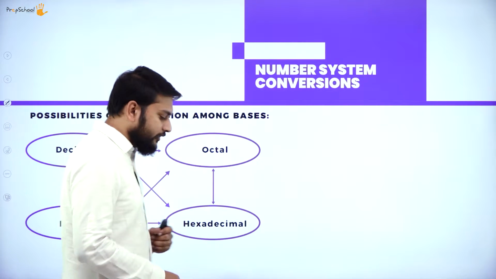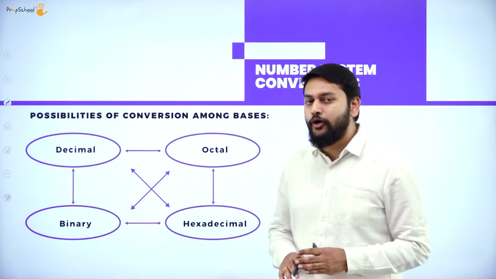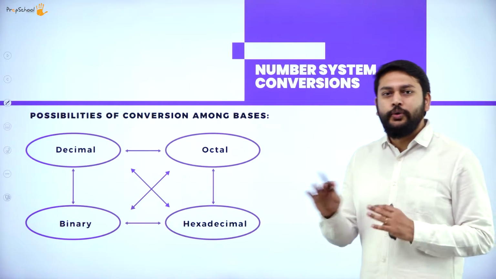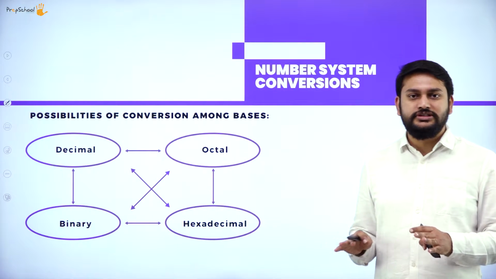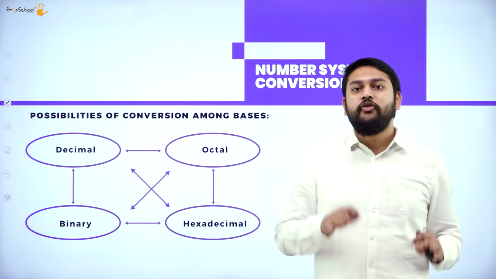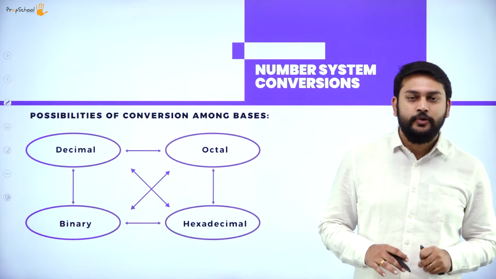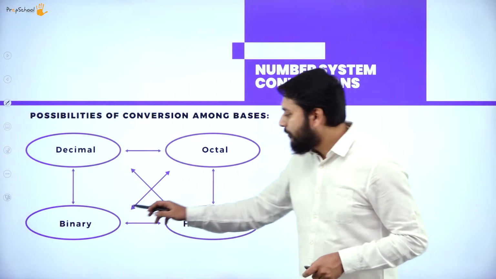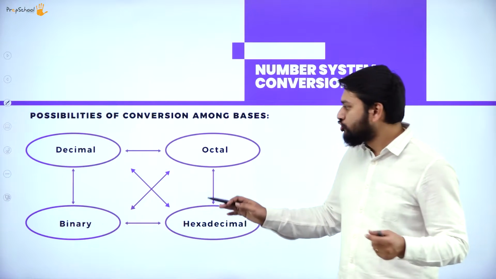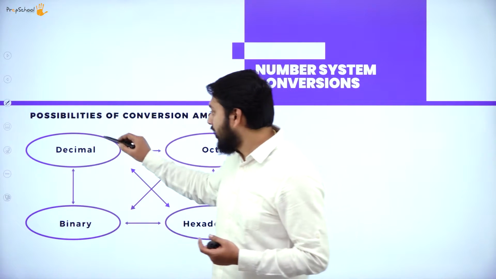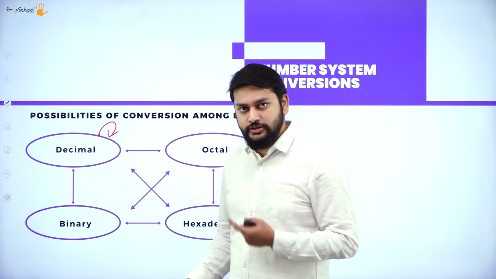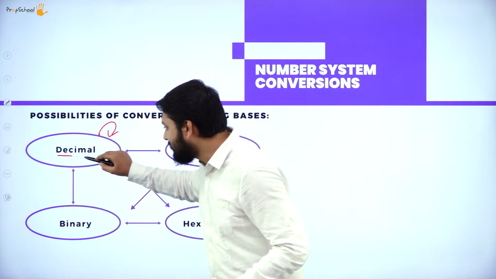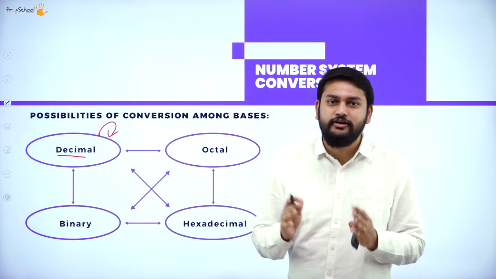I have given a diagram here for all of you to quickly understand how many different conversions are possible with the help of the 4 number systems. Basically I have the decimal number system, octal, binary and hexadecimal. All of us know I can convert from binary to binary. Is it binary? No, it's decimal. Please listen to me, have a little concentration.